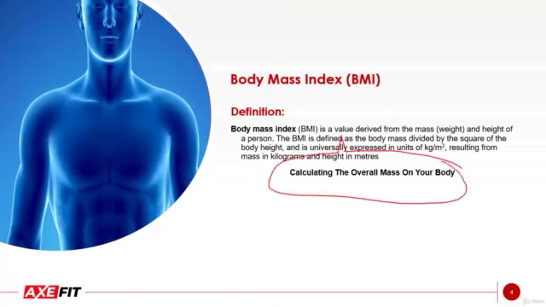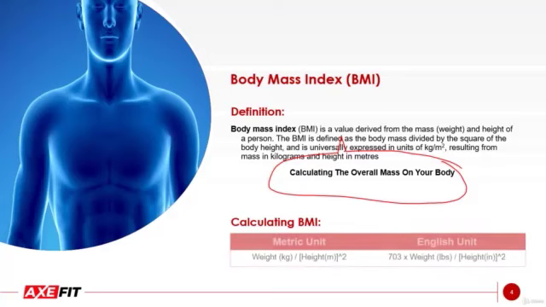So how do you calculate BMI? Let's have a look at the formula. Now, the formula for BMI is the same for men and women, but however, you can look at either the metric unit or the English unit, whichever you are comfortable with.